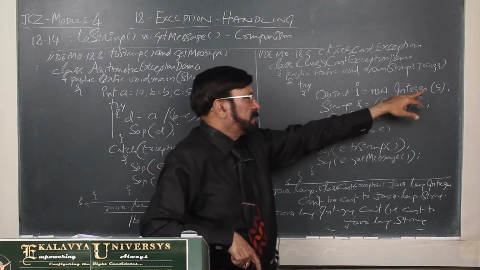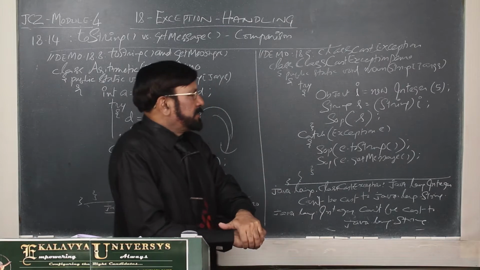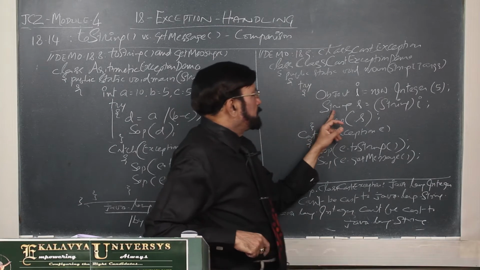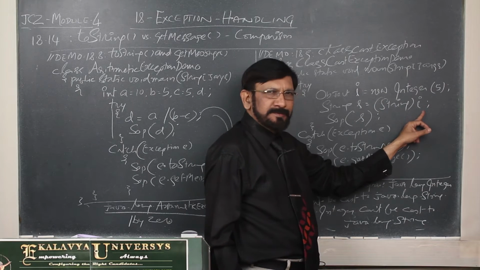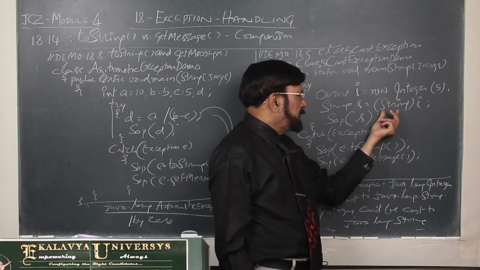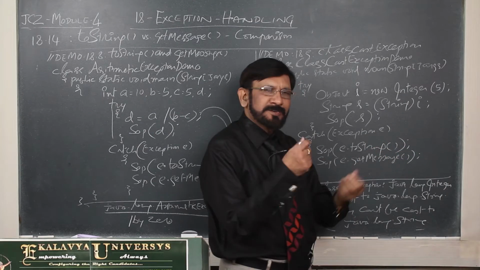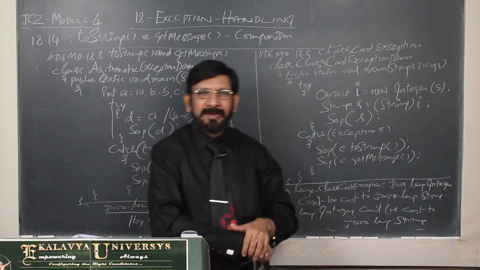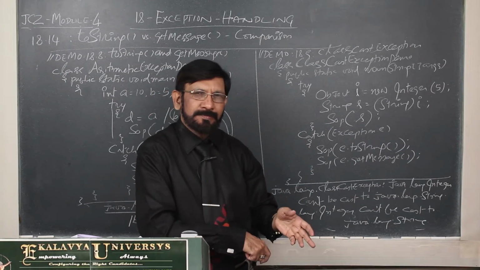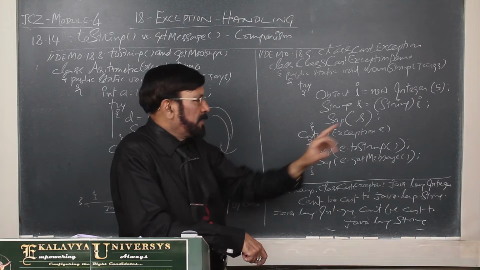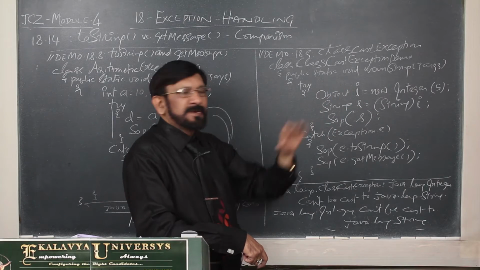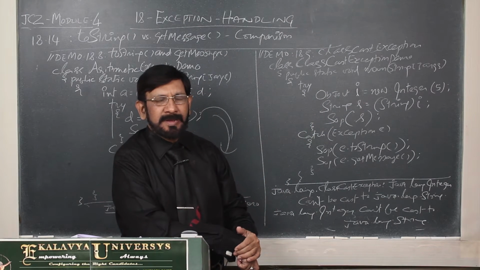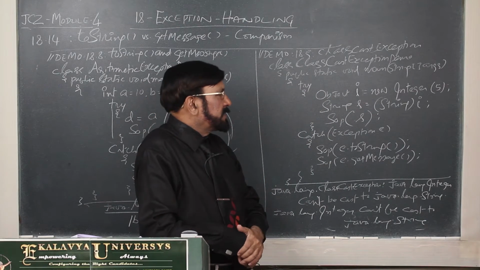This is valid, 5 we put. Thereafter, String s: the Integer object you are trying to convert to a String. Actually, Integer is numerical, String is a different type, so it cannot be cast as a String type.